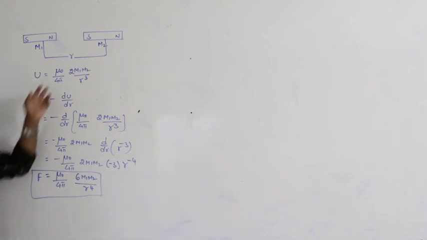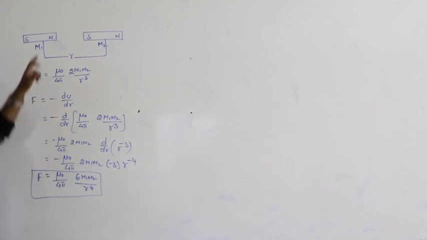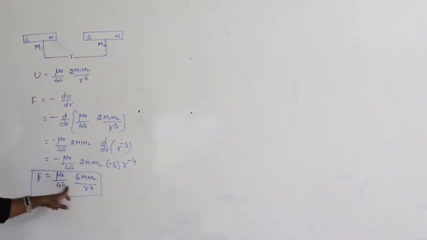So the force between two magnets arranged along the axial lines is mu naught by 4 pi 6 m1 m2 by r power 4.